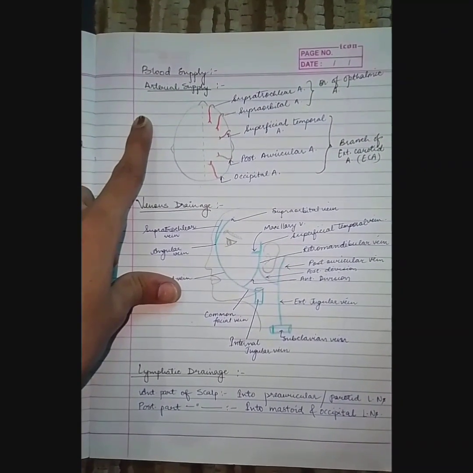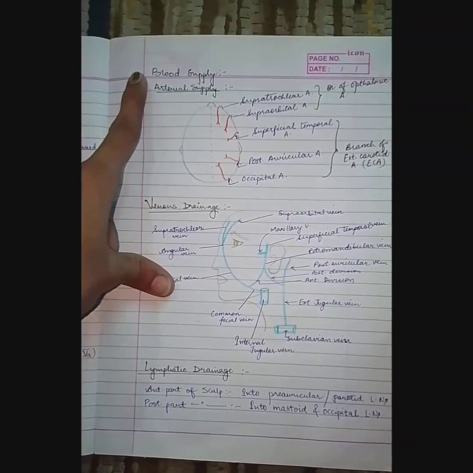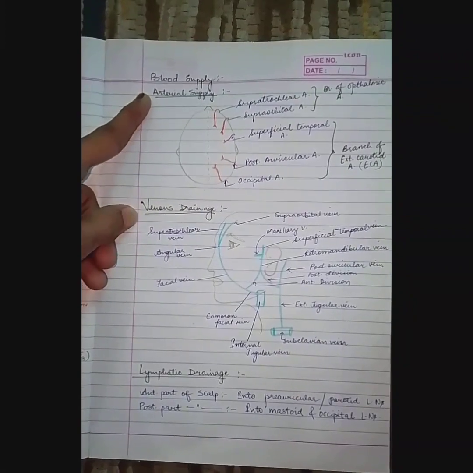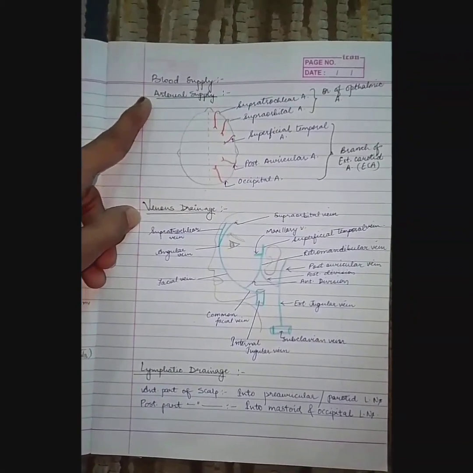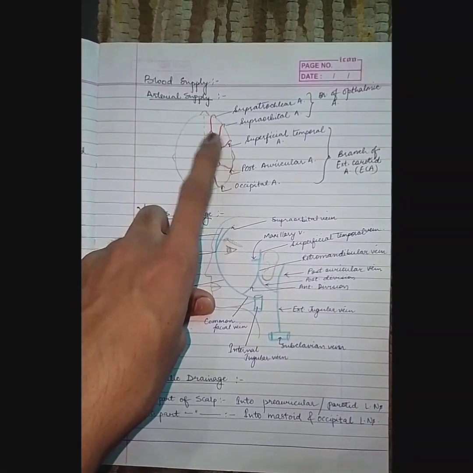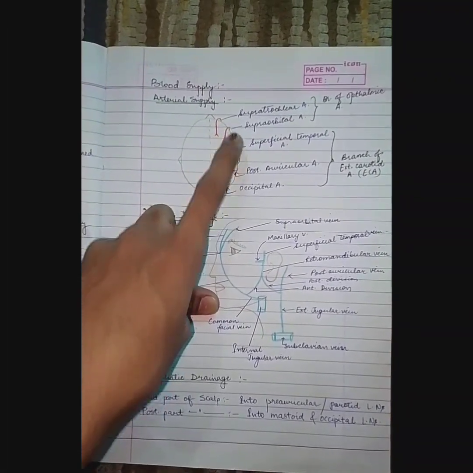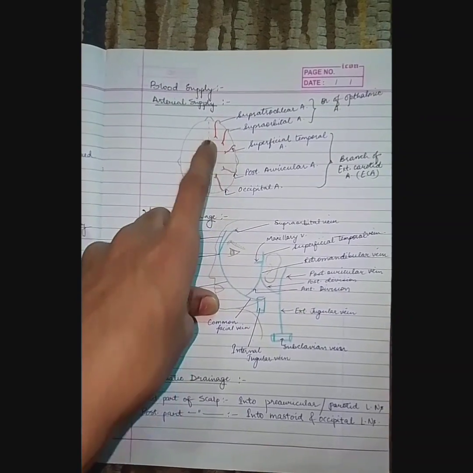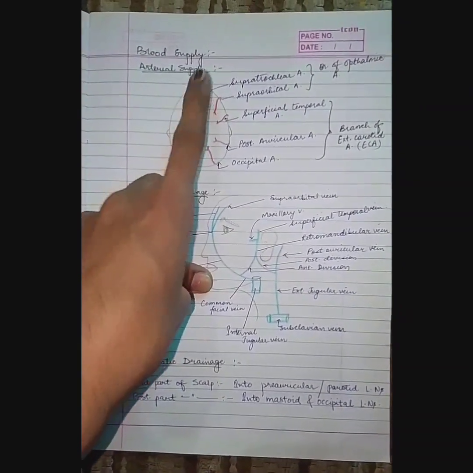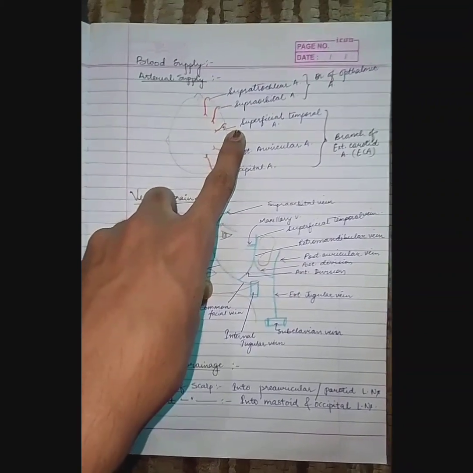Talking about the blood supply. In blood supply, you should always remember to mention both the arterial supply as well as the venous drainage. So, if we talk about the arterial supply, same like that of nerves, यहाँ पर भी auricle के आगे और auricle के पीछे. Auricle के आगे there are 3 arteries: supratrochlear artery, supraorbital artery and superficial temporal artery.